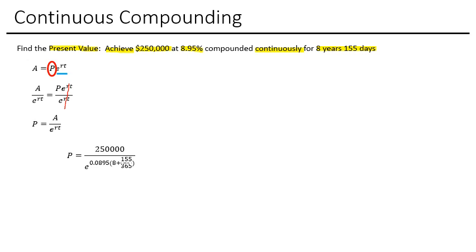So you actually have to convert that into a year. So that's why you see this 155 over 365. That is the part of a year. So I've got to add these two together to get my time. Okay, so I hope that's not too confusing, but you have some problems that use this, and it is confusing to look at to begin with.